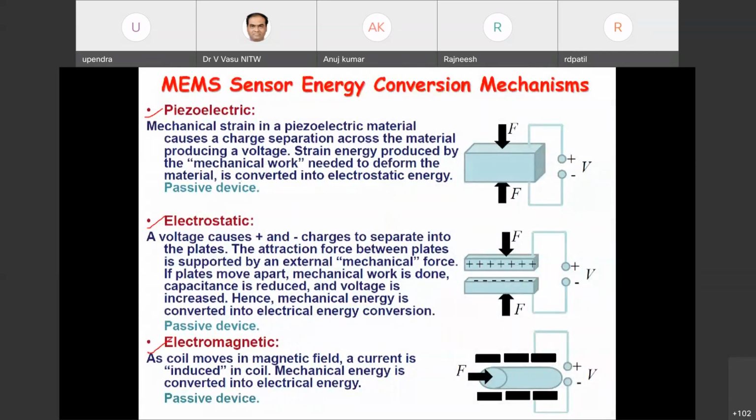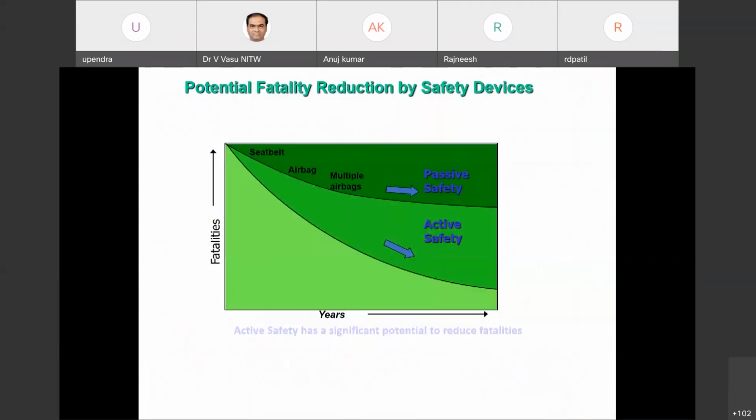As in the previous case, where we saw inductive, resistive and capacitive, those are the 3 principles on which those sensors work. Whenever you come to MEMS sensors, piezoelectric, electrostatic and electromagnetic are the 3 important principles on which they work.